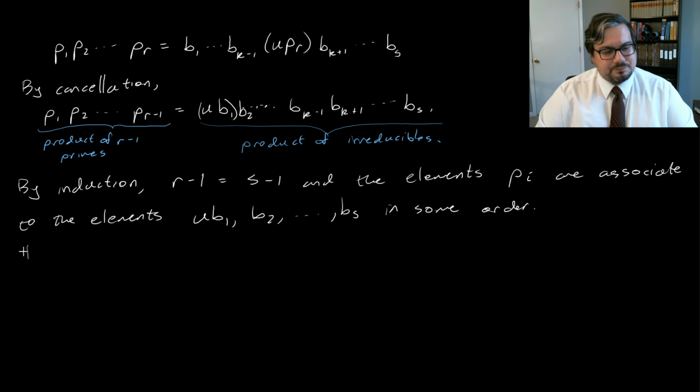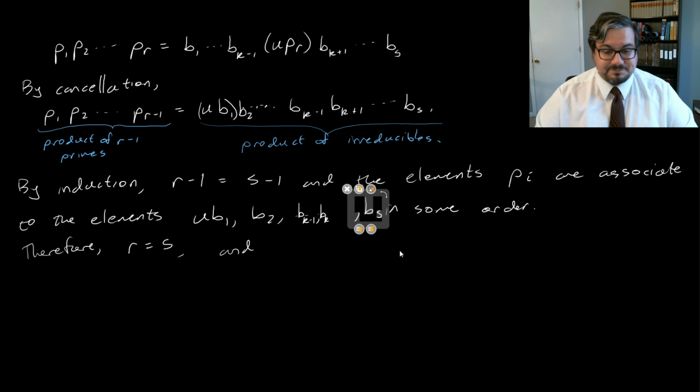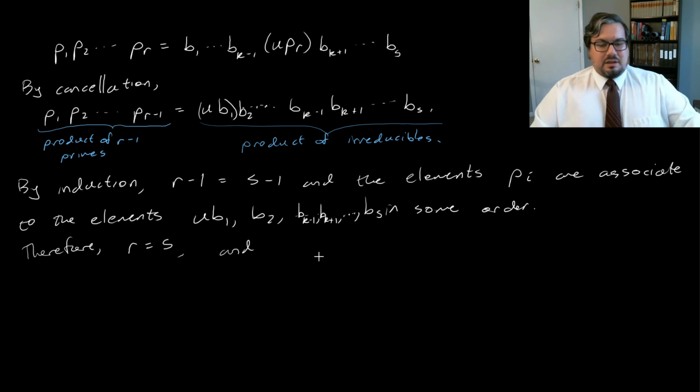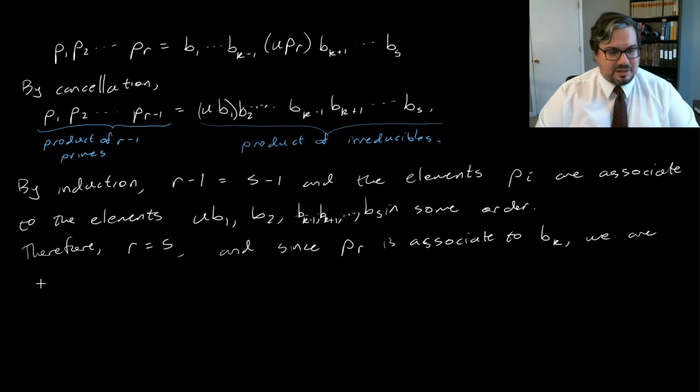So, therefore, we have that r equals s, and since we previously had that PR is associate to BK, because this list doesn't include the BK, so since PR is associate to the BK, we are done.